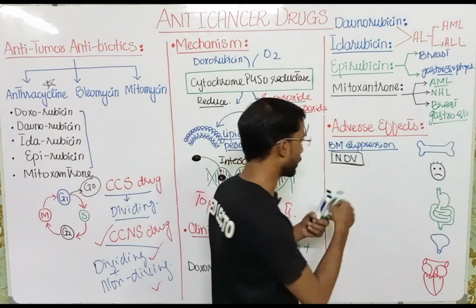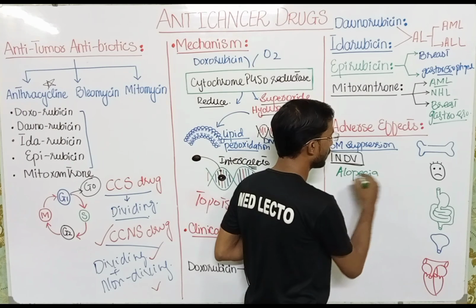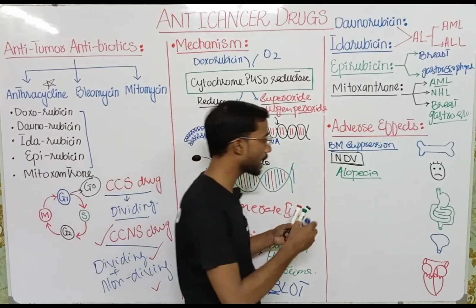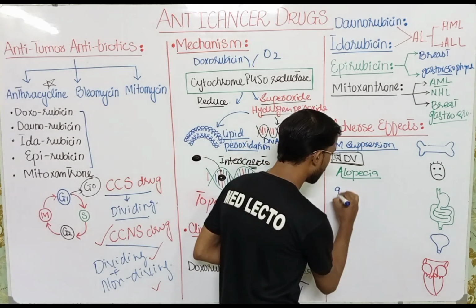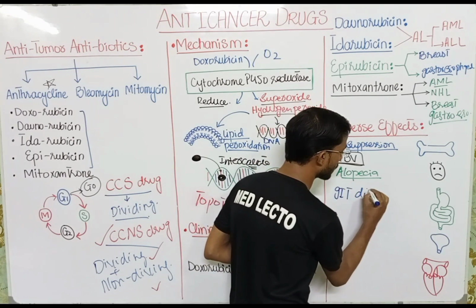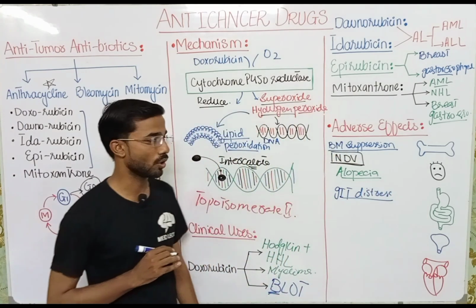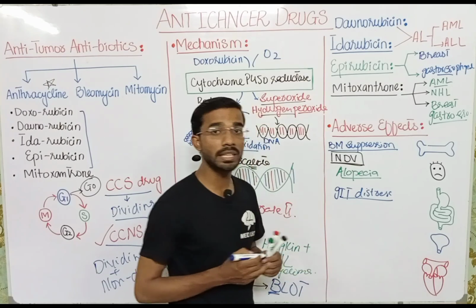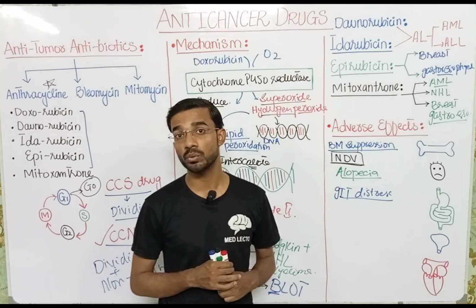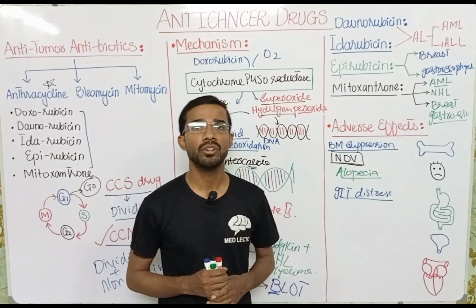Next is alopecia, loss of hair. That is another adverse effect. And you can also see GIT distress when you use the anthracyclines. Okay. You can also see red coloration of the urine when you use the anthracyclines, specifically doxorubicin and daunorubicin.